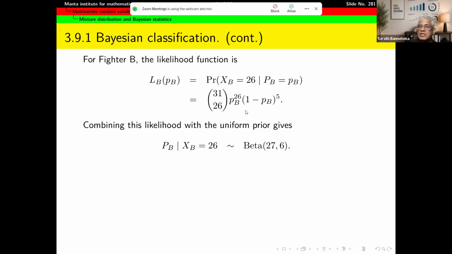And when you multiply that by the prior distribution of PB, which is again a beta distribution, the posterior distribution of PB becomes again a beta distribution. It becomes beta 27, 6. I have not shown the complete derivation here because I have shown it in the previous example, so I have only shown the final result for the posteriors.